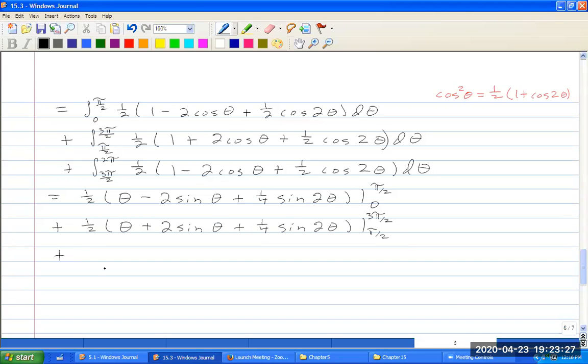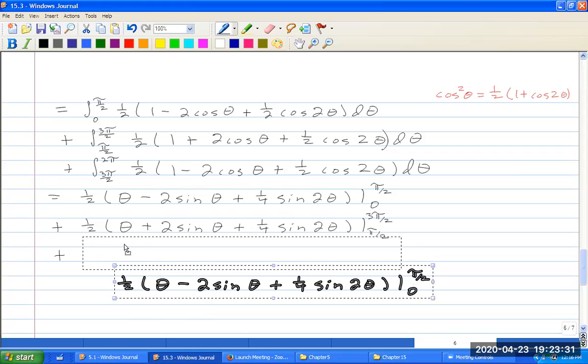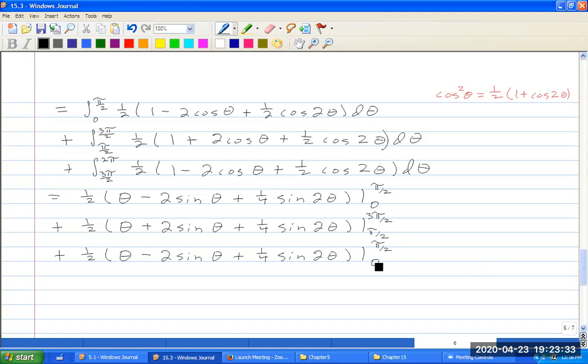Plus the same thing, except it's 3 pi over 2 to 2 pi. Okay, they're just all the same integrations, so I was lazy and I just plugged them in.